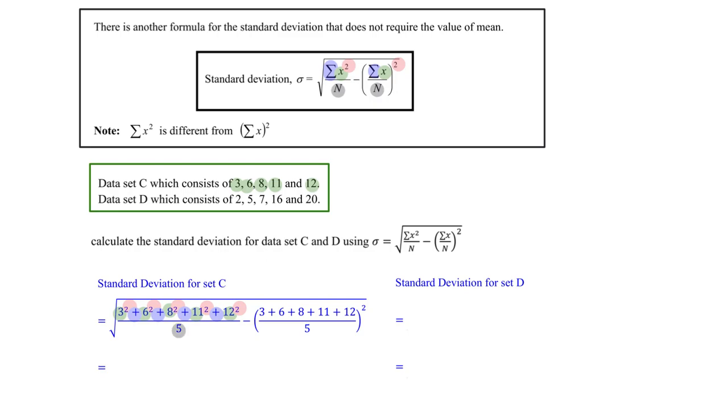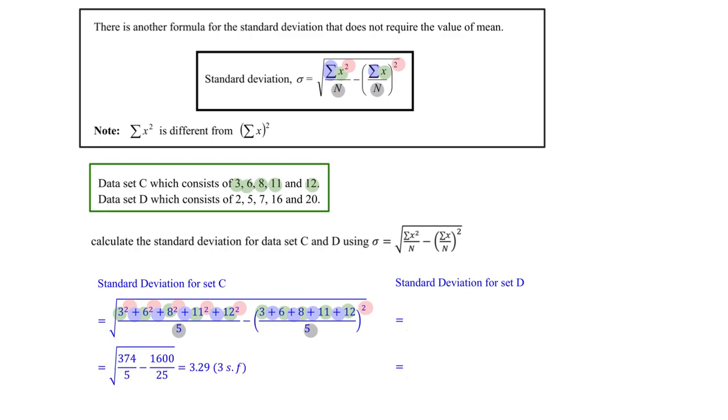Then the whole thing is divided by 5, minus bracket square, the square is outside. I sum all of the data up and divide by 5, which is the total number of data.